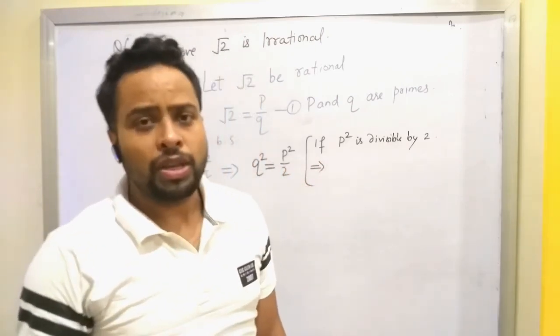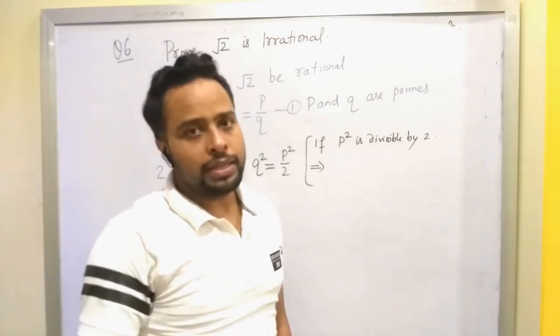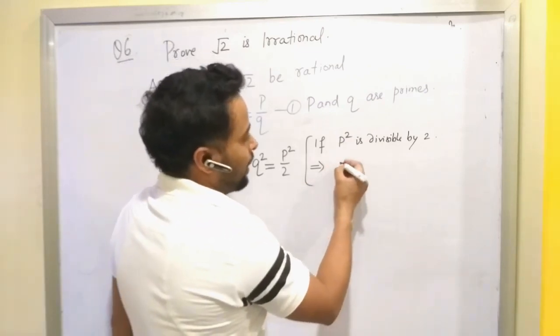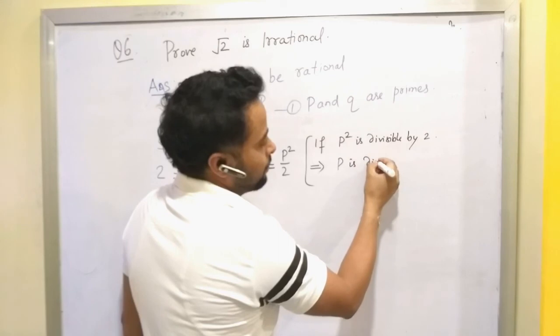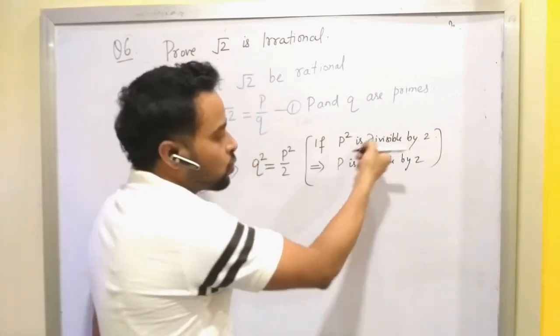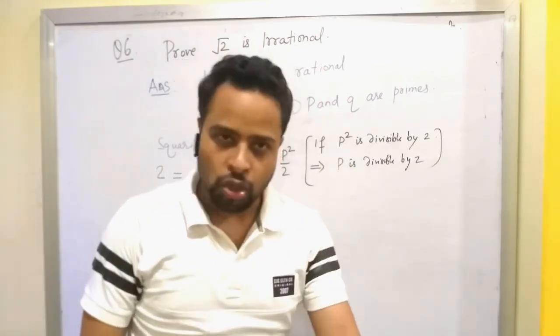That's a theorem. So 36 is divisible by 6, then 6 is also divisible by 6. So p is divisible by 2.